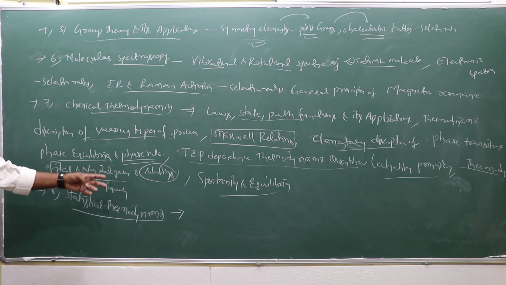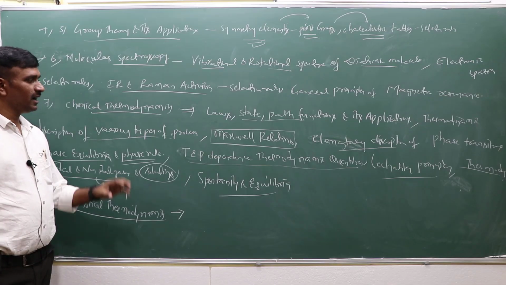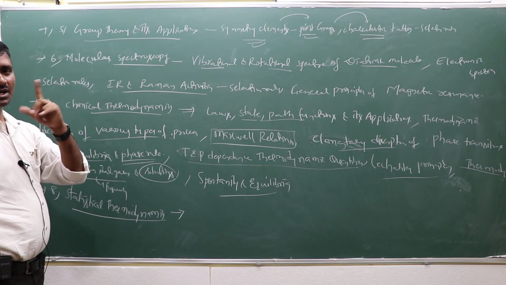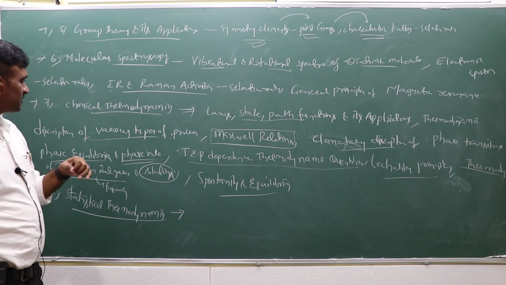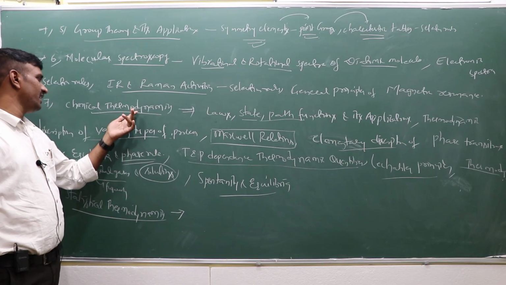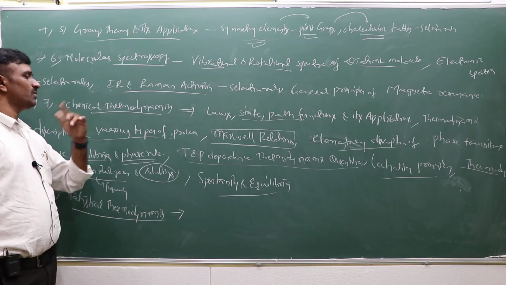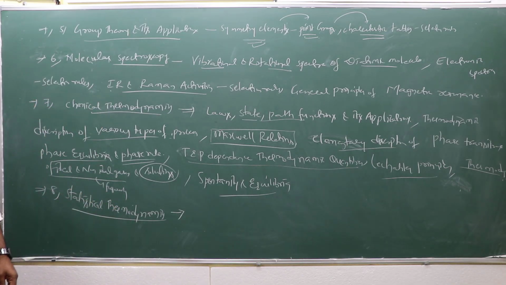Before statistical thermodynamics, you should know chemical thermodynamics, and have a little bit of idea about quantum mechanics. One is a little bit of idea of quantum mechanics, and the other is a thorough idea of thermodynamics. Then only can you easily understand statistical thermodynamics.